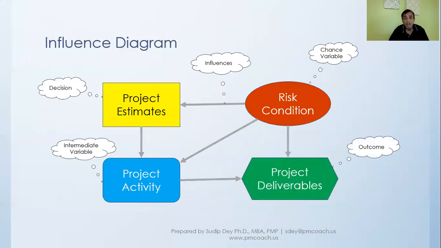And then the outcome, which is the final project deliverable, is influenced by the project activity, which was influenced by the project estimates, and at the same time, some other sources of risk. So this is an influence diagram which shows how different decisions, risk conditions, or chance variables come together to influence the final outcome.